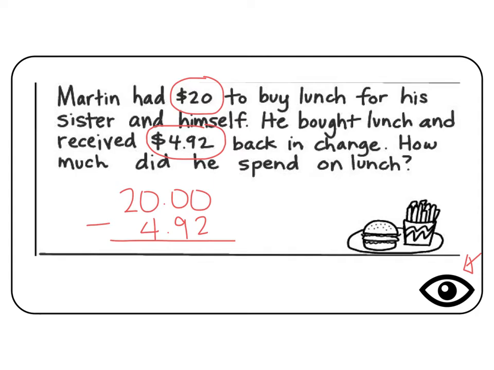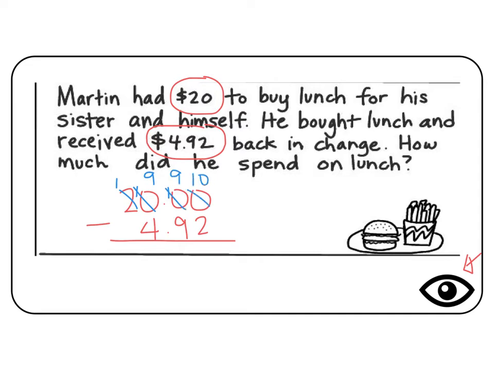We practiced subtracting yesterday, and we know that there's lots of borrowing to do. So I'm going to start by borrowing all the way across to the 2, which is going to become a 1, and then a 10, and a 9, and a 10, and a 9, and a 10.